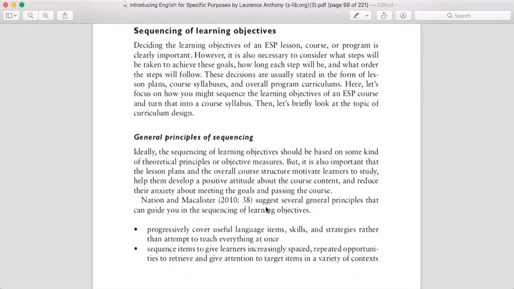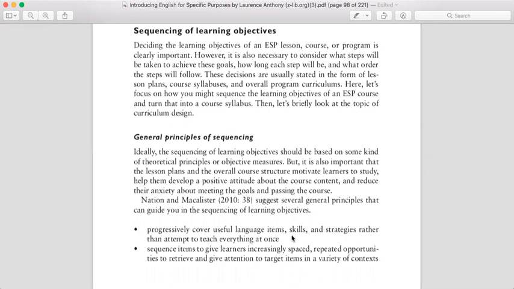So progressively cover the useful language items, skills, and strategies, and you are not going to teach everything at once. This is one of the principles. You are not going to teach all the skills, all the grammatical items, or all the strategies together. You would teach them progressively, one by one.